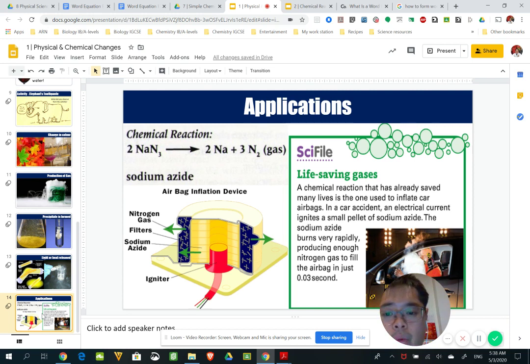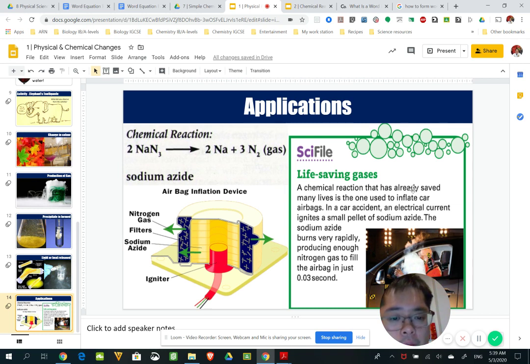Sodium azide, NaN3, is the substance initially. After undergoing a certain change, a certain pressure, it will break down into sodium and nitrogen gas. This nitrogen gas fills up the airbag in your car if there is an accident or a certain force that hits it.